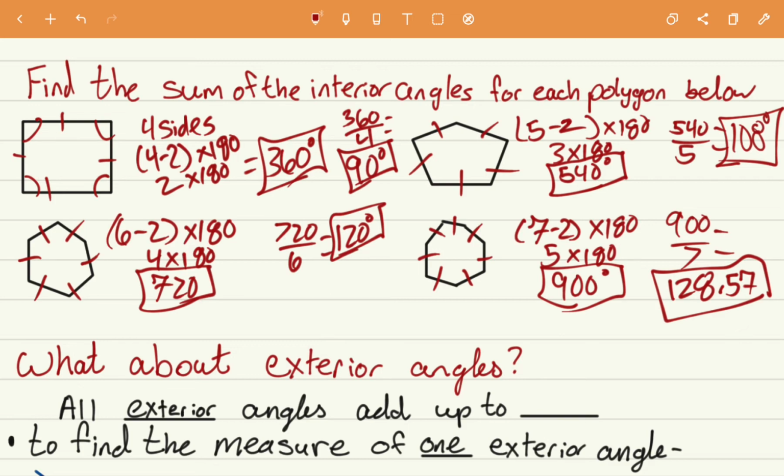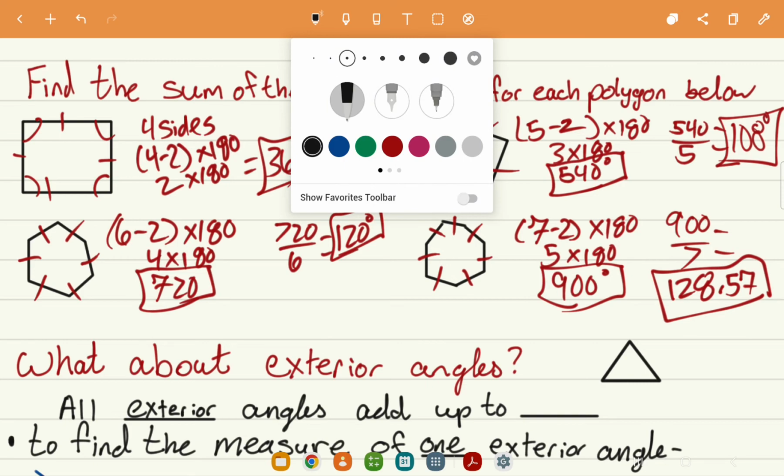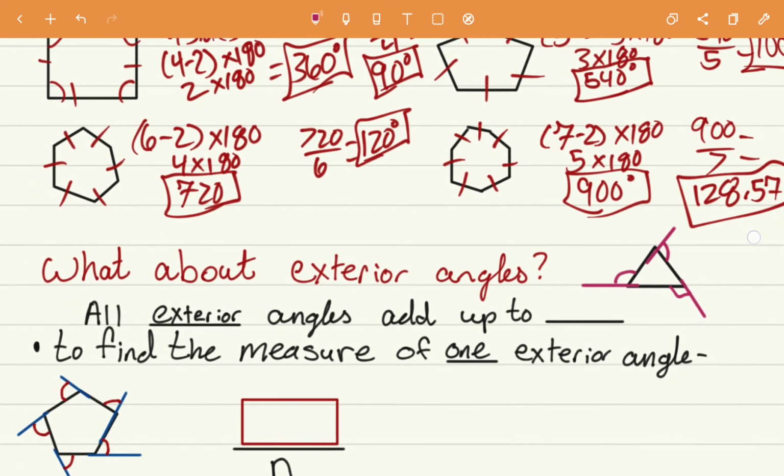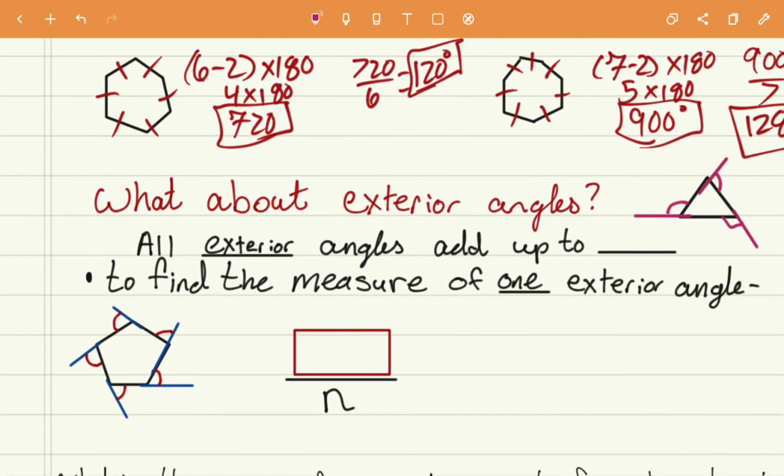Now what about exterior angles? An exterior angle is, let's say we have some shape, like a triangle. The exterior angles are the ones that go like this. If we were to extend each side out, these are the exterior angles. Now, no matter the shape, they always equal 360 degrees.